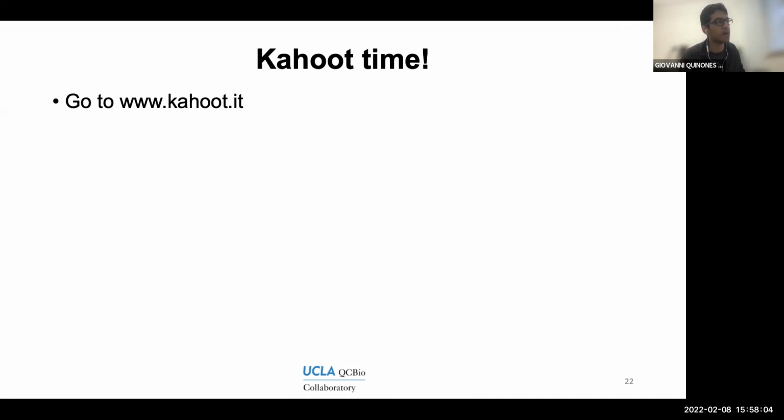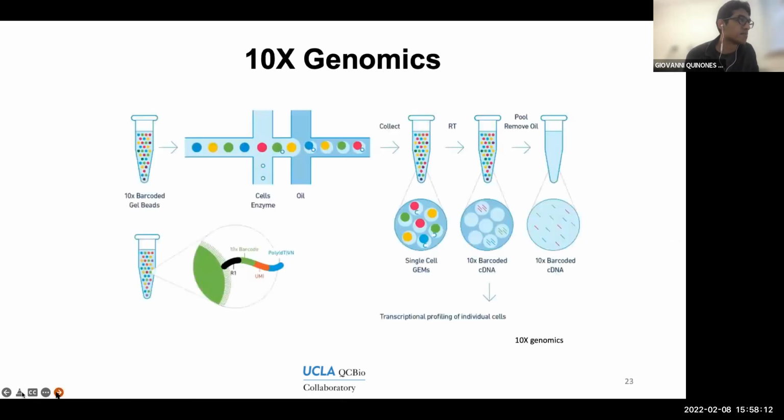In order to do this, we're going to focus on yet another technology. We already talked about Smart-seq2, and now I wanted to talk about 10x. 10x Genomics, in reality, is the name of the company. The full name of the protocol, I believe, is 10x Genomics Chromium for single cell RNA sequencing analysis.